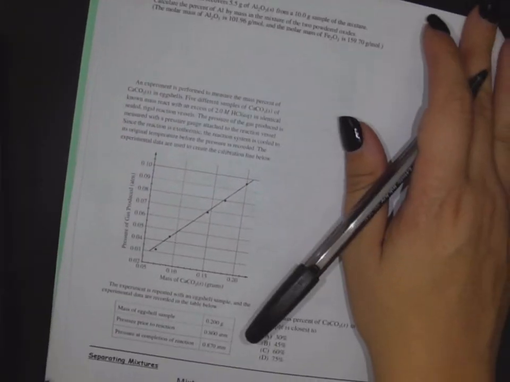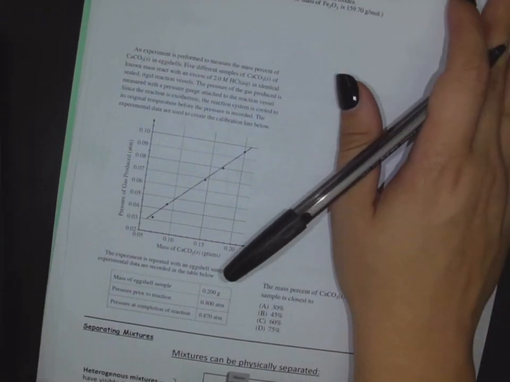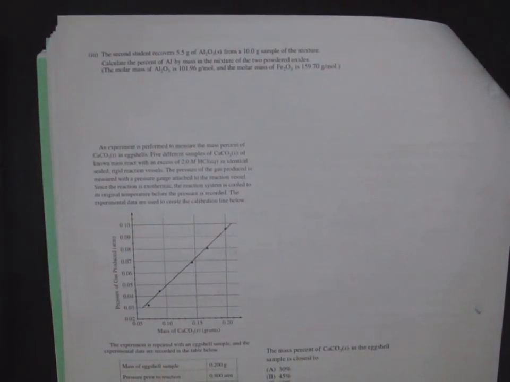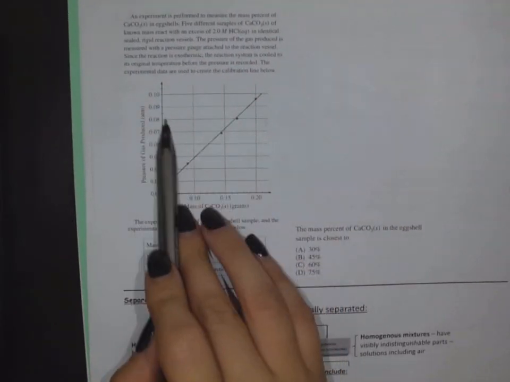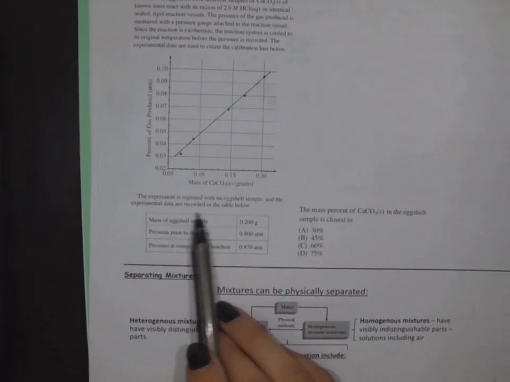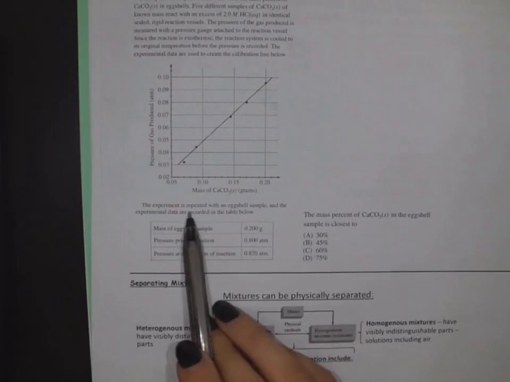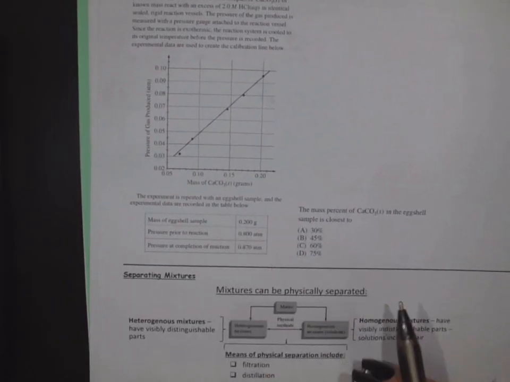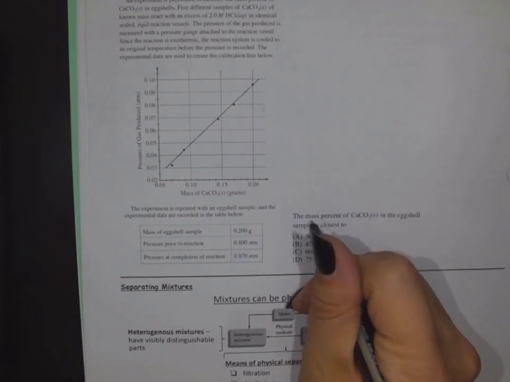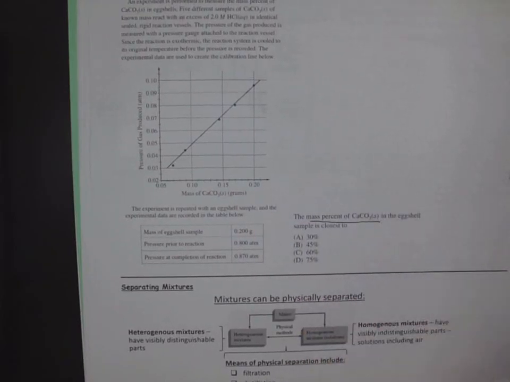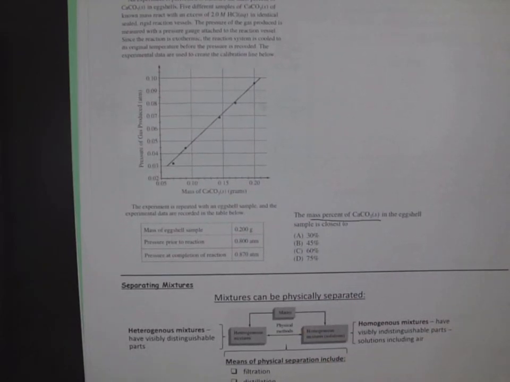I like this problem, and the reason why is because look at how scary this looks. We have all this information going on here, we got a graph going on here, and then at the very end, we got more data down here, and then the problem is the mass percent of CaCO3.